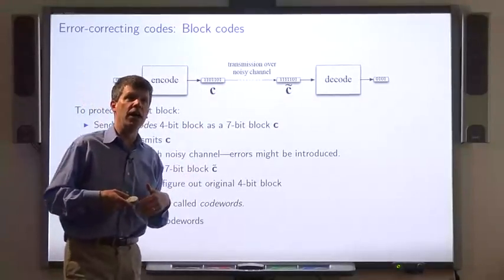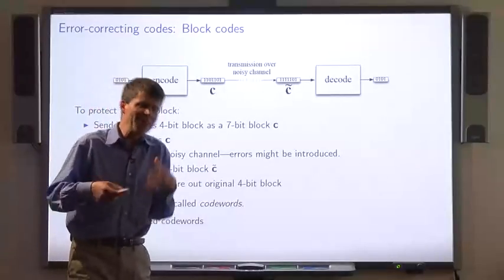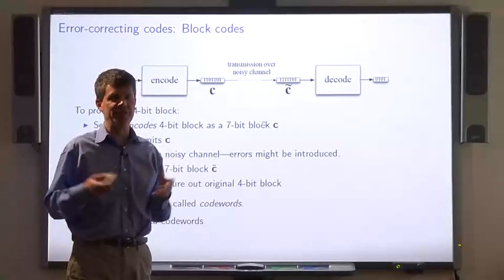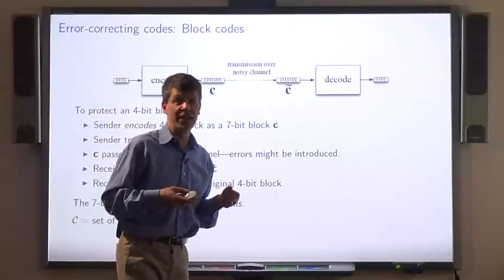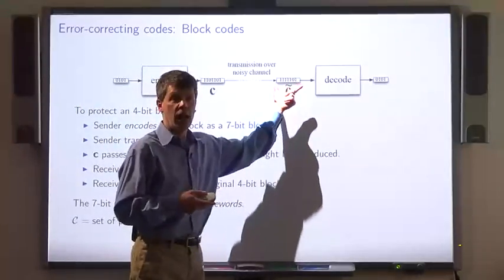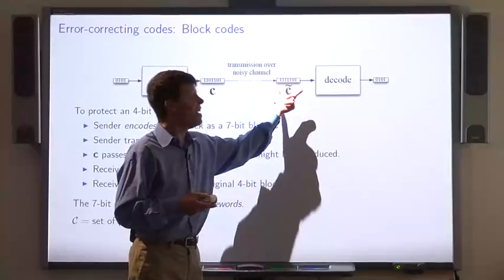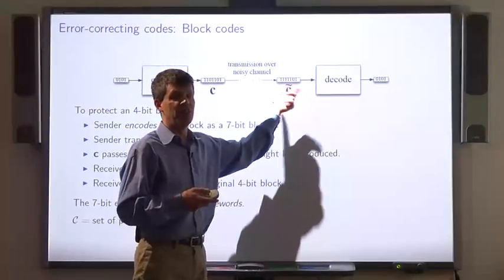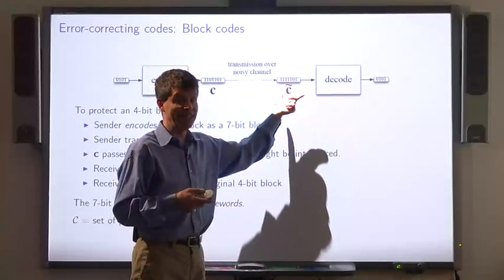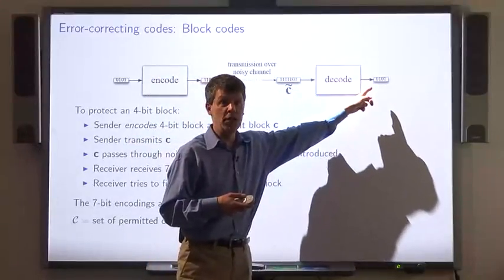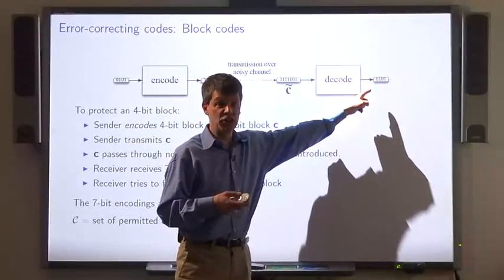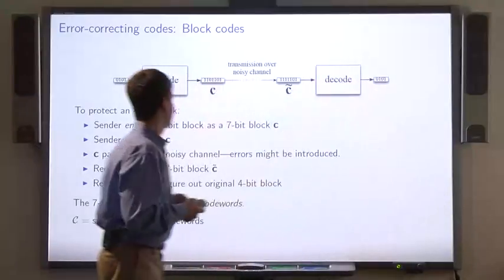This is a channel that sometimes introduces errors during transmission. At the other end of the noisy channel, a 7-bit block is received that might differ from the block that's injected into the channel. And then that's decoded, hopefully to obtain the original 4 bits that were transmitted.